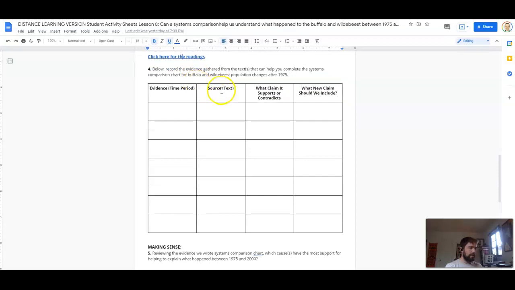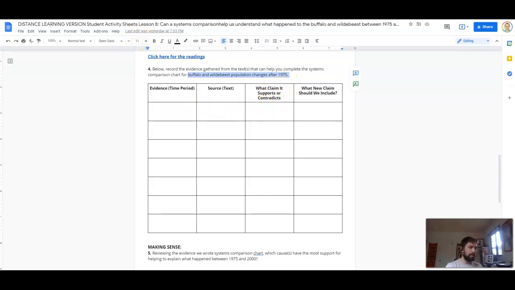You're going to use those readings and record any evidence you can gather that helps you compare the systems for the buffalo and wildebeest population changes after 1975.